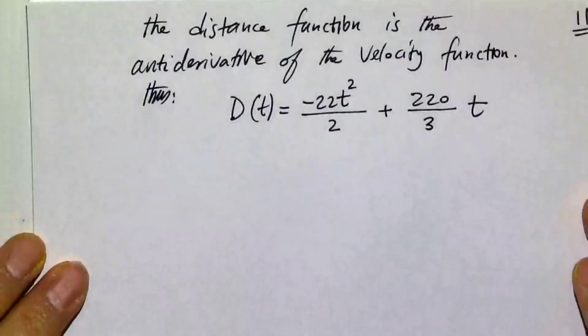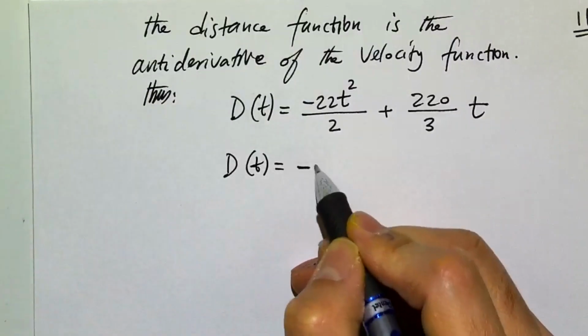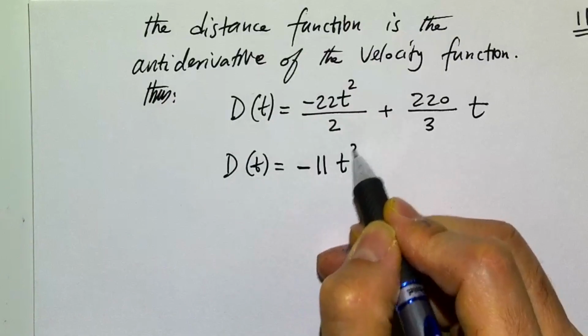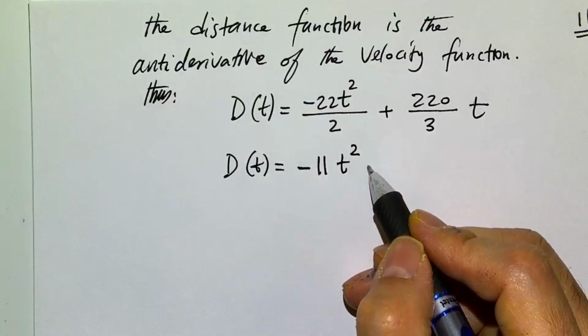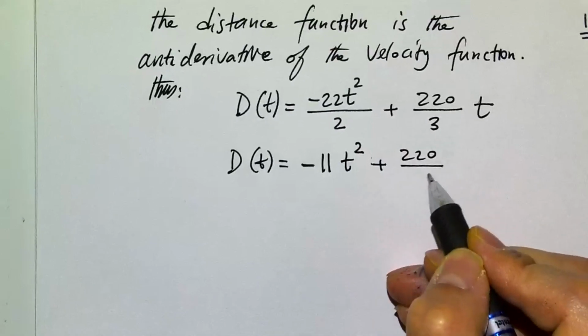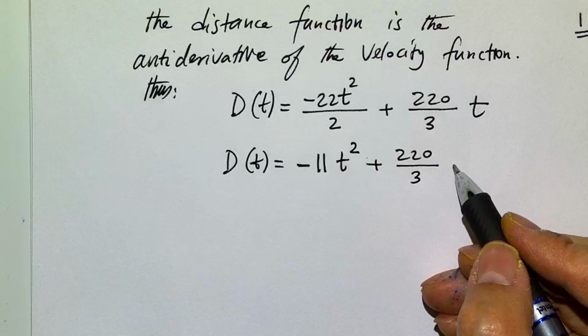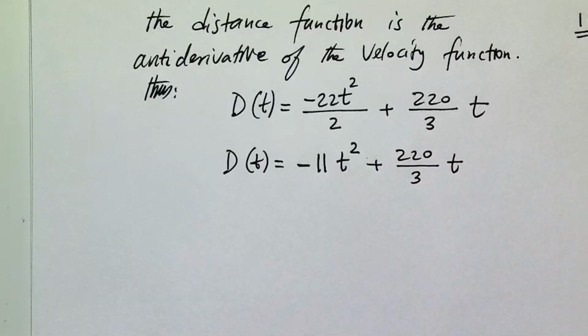Let's do that. And we get the distance function equals minus 11 t squared plus 220 over 3 times t.